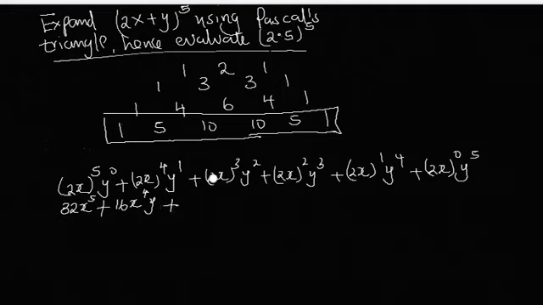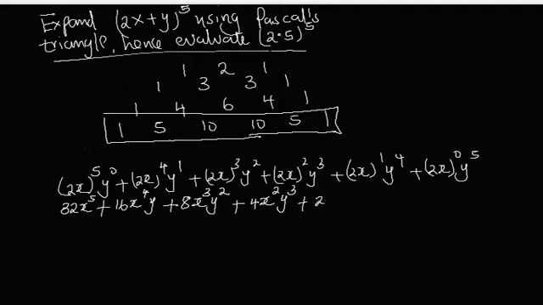And then we add 2 power 3 is 8. So that is 8x^3, y^2. Then we add 2 power 2 is 4. So that is 4x^2, y^3. Plus 2 power 1 is 2.